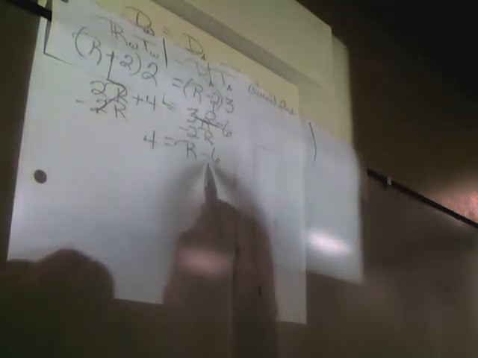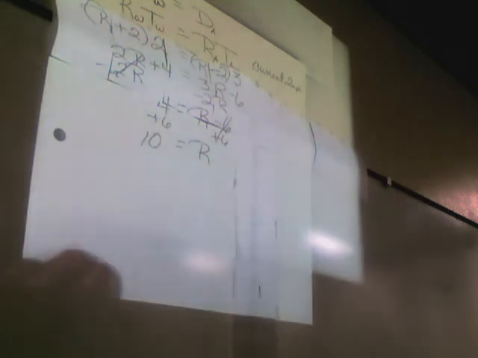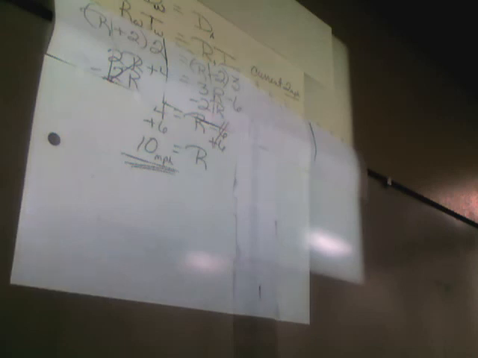So we're going to add 6 to solve for r. When you add 6, your rate is 10. The 2 is in miles per hour, so the rates are in miles per hour. So your rate must have been 10 miles an hour.